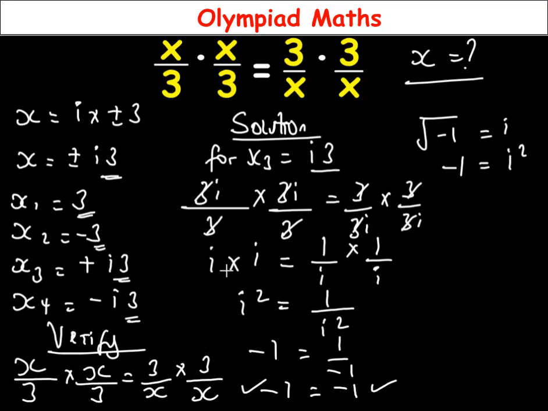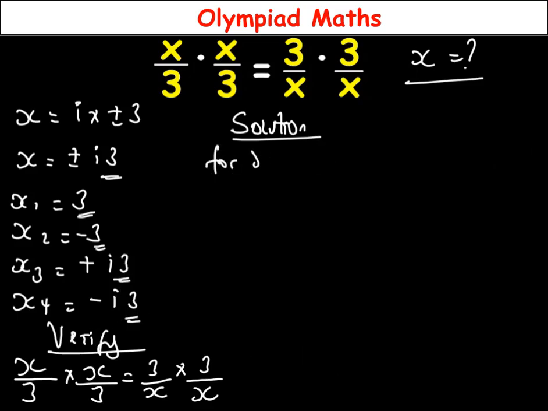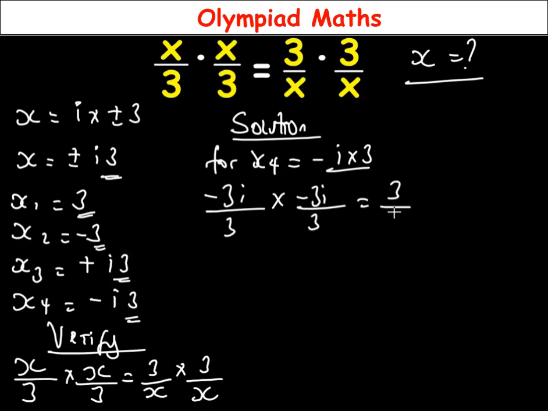Now for the next value of x, which is x4, which is equal to minus 3i, right? Let's input this into the equation. x is now minus 3i, 3 over x, so minus 3i over 3 times x is minus 3i over 3 is equal to 3 over x is minus 3i times 3 over x is minus 3i.